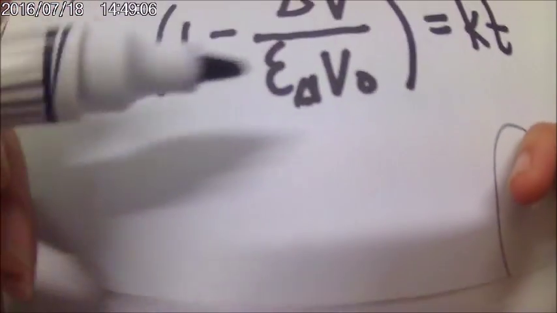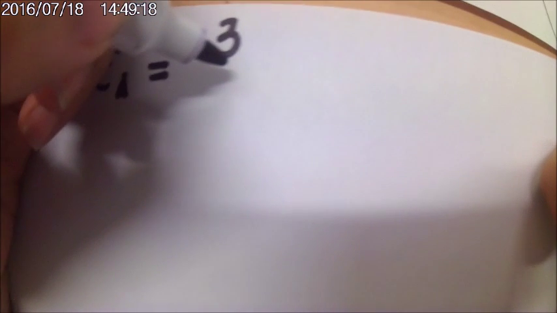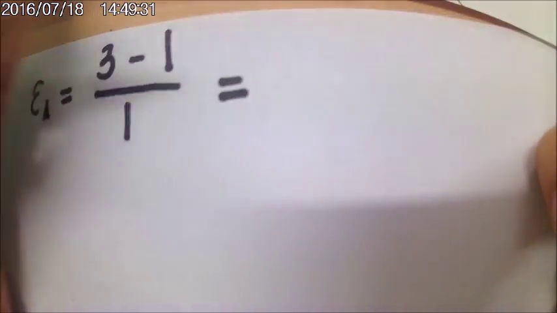Using this equation, first we solve for the value of epsilon A. So we have epsilon A is equal to 3, which is the coefficient of our product, minus 1, the coefficient of our reactant, over the coefficient of our reactant, which is equal to 2.